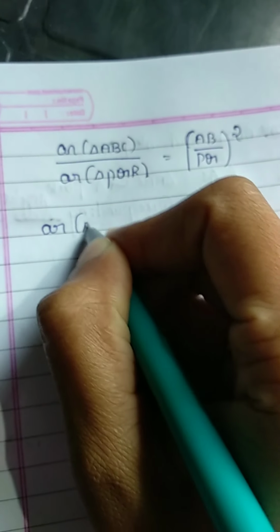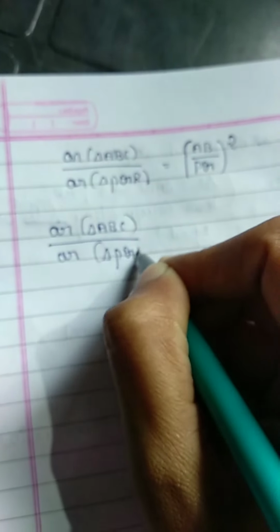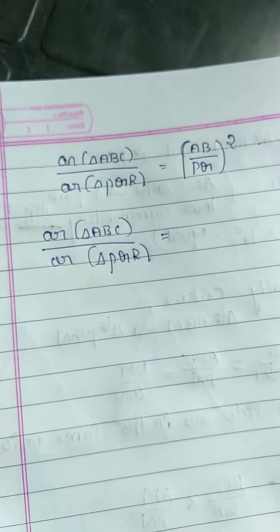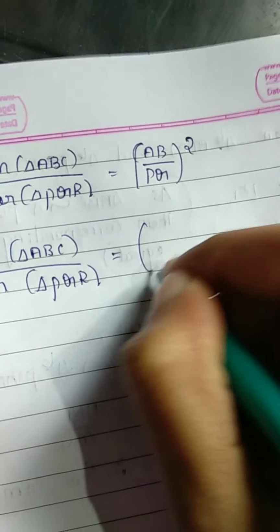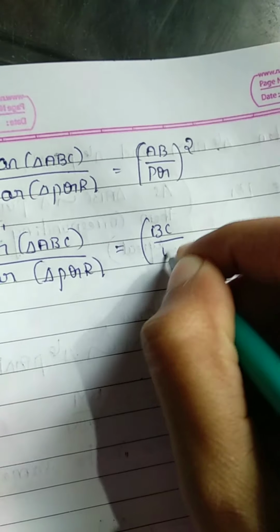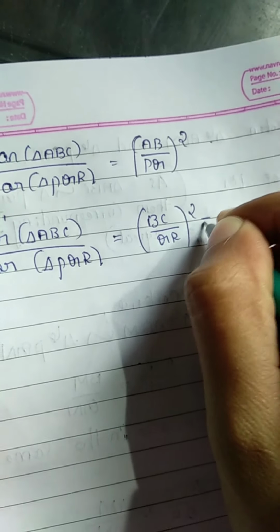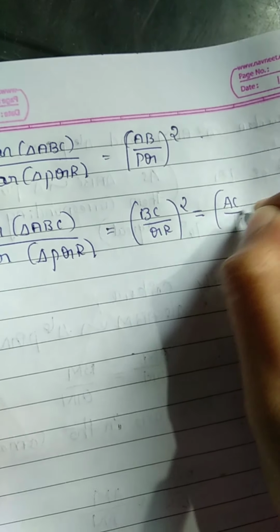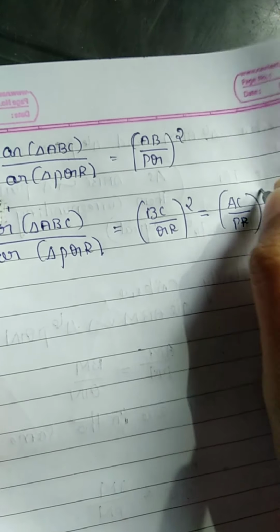Similarly, we prove area of triangle ABC by area of triangle PQR equals BC by QR whole square equals AC by PR whole square.